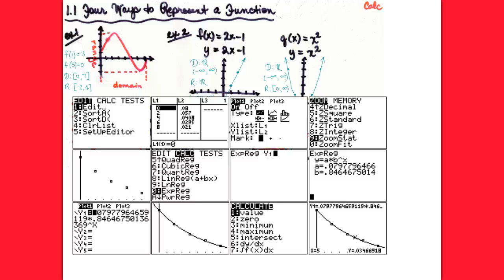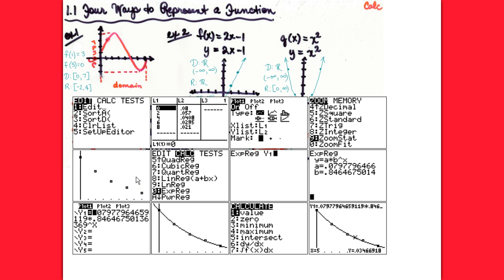We went to statistics, and we went to edit, and we put our information in list 1 and list 2. To plot statistics, we go to second y equals, which is stat plot, and I turned it on and chose a scatter plot for the information in list 1 and 2, and I chose the little blocks to use. And then I went to zoom and let my calculator set the window for me by going down to number 9, zoom stat, and there's the graph that looks just like the one we had on our paper, only much more precise.